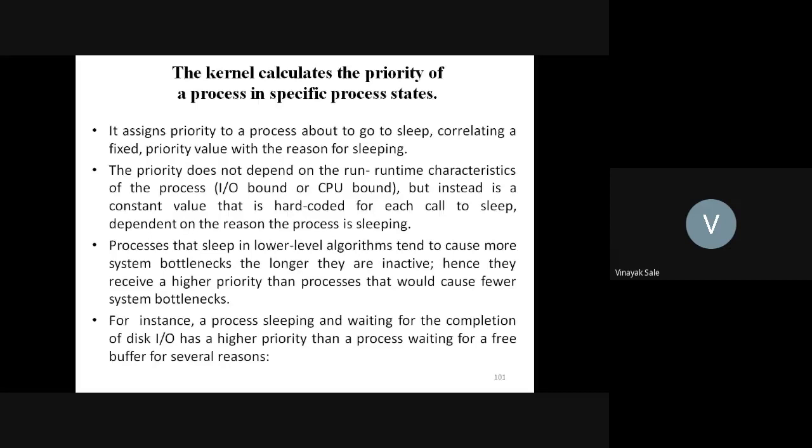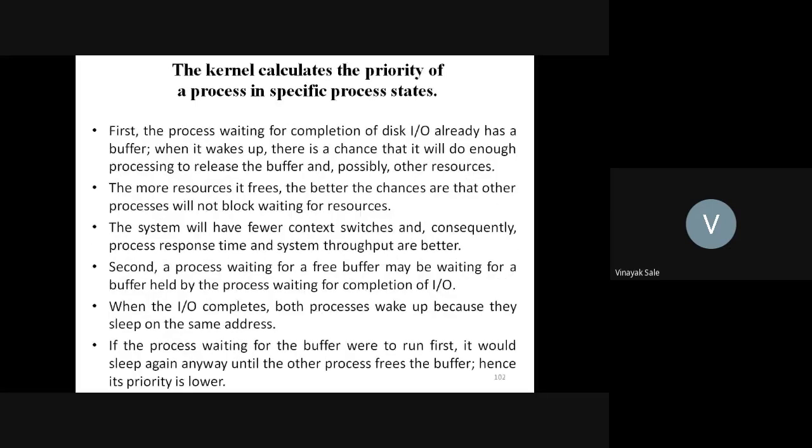For instance, a process sleeping and waiting for completion of disk IO has a higher priority than a process waiting for a free buffer, for several reasons. So we'll see these reasons.